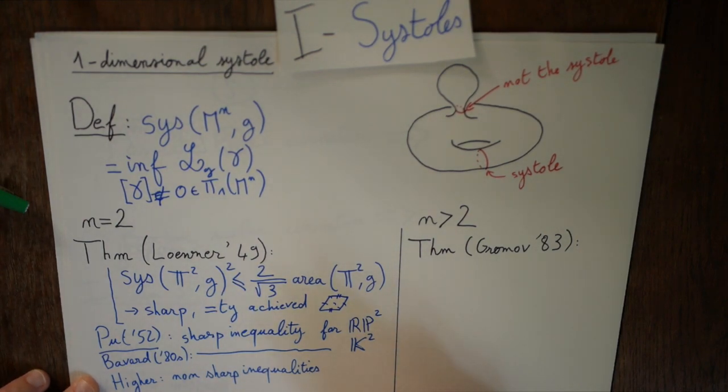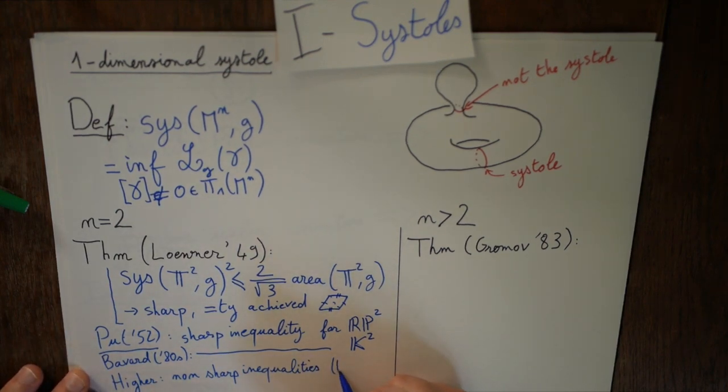There were first some by Accola and Blatter, but the constant was really not great in the sense that it depended on the genus in the wrong way. Then there was one by Hebda, which had a genus independent constant, and then there were several by Gromov in the 80s.